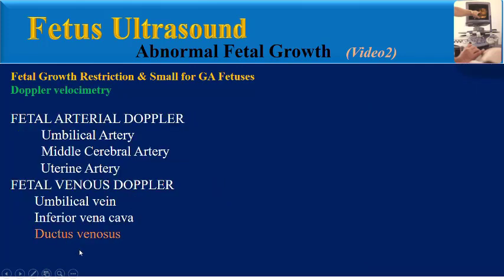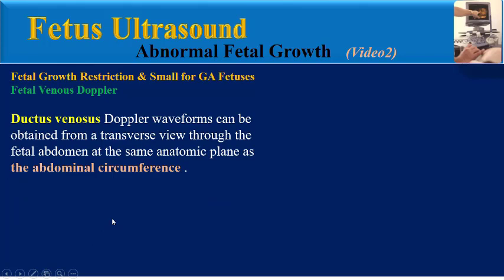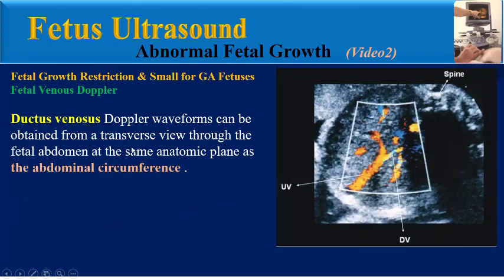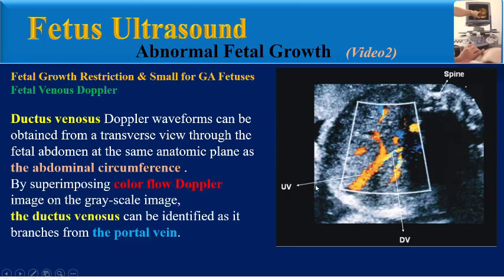Now, ductus venosus. Ductus venosus Doppler waveforms can be obtained from a transverse view through the fetal abdomen at the same anatomic plane as the abdominal circumference. By superimposing color flow Doppler image on grayscale image, the ductus venosus can be identified as it branches from the portal vein.